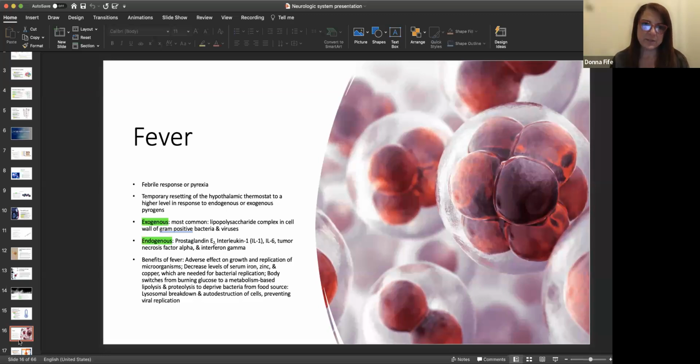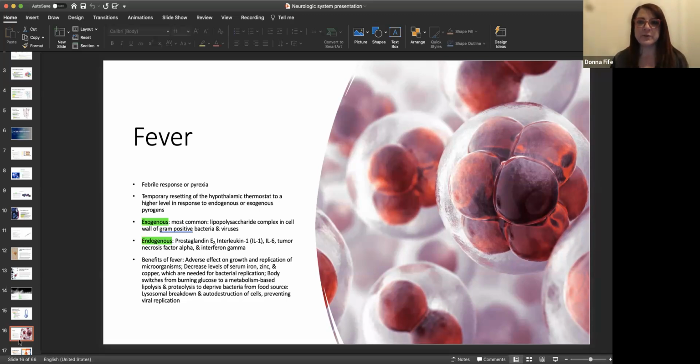Now, exogenous, the most common is the lipopolysaccharide complex in the cell wall of gram-negative bacteria and viruses. When we get an infection with a bacteria or virus, that's when we can end up with a fever. Endogenous: prostaglandin E2, interleukin-1, interleukin-6, tumor necrosis factor alpha, and interferon gamma.